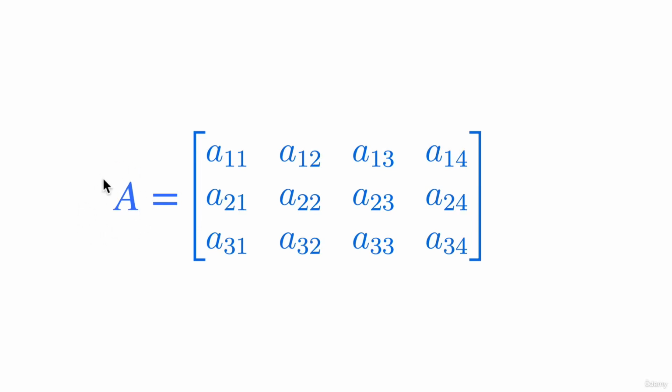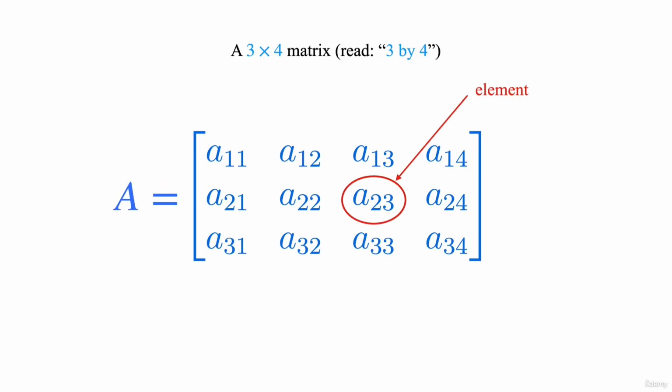We call the matrix A. And then in this case we have a 3 by 4 matrix, which means that it has 1, 2, 3 rows and 1, 2, 3, 4 columns. And all those numbers inside the matrix are called elements. And you see that these elements are numbered.